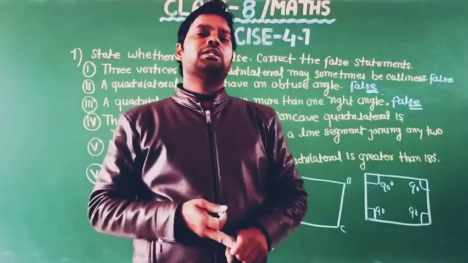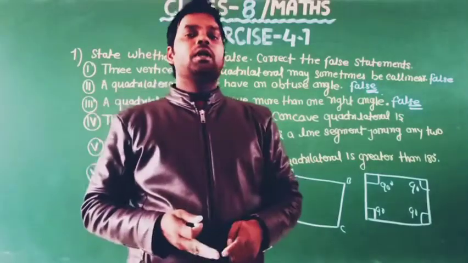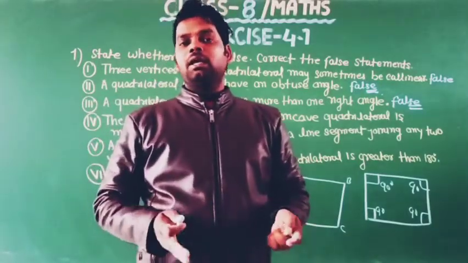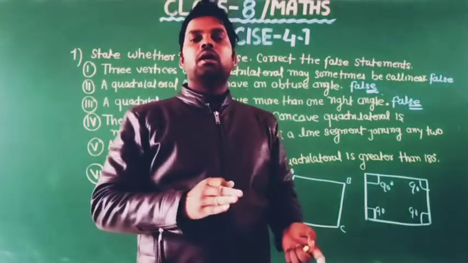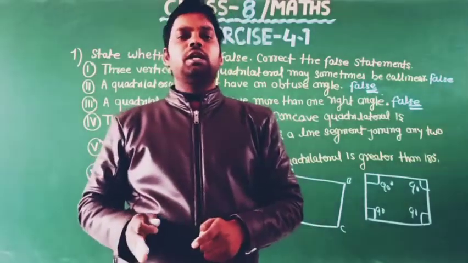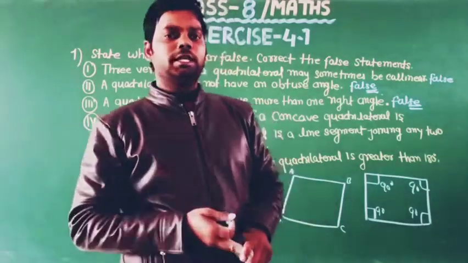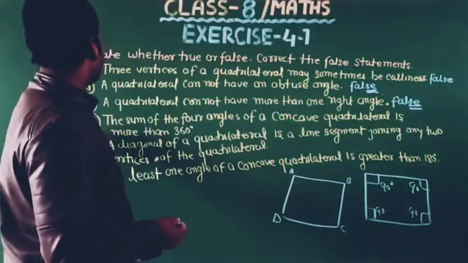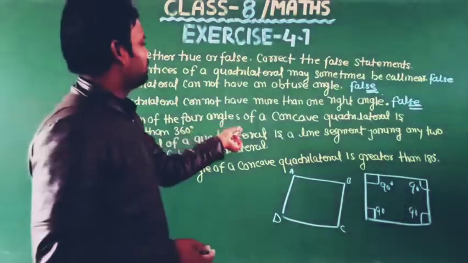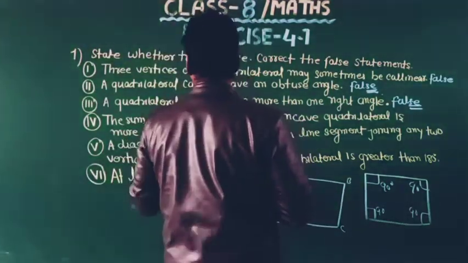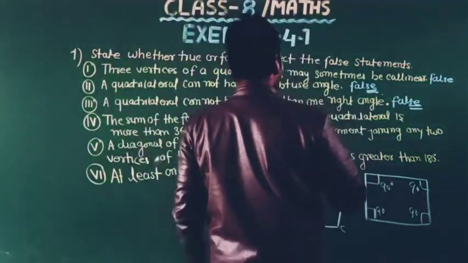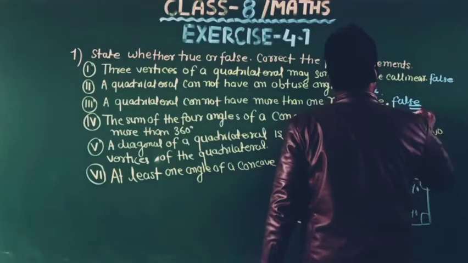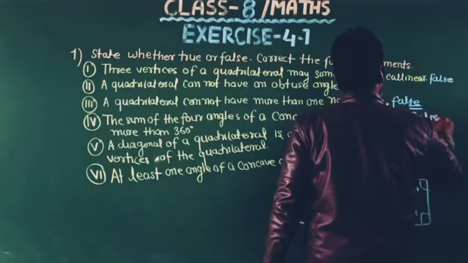We have already explained the sum of interior angles of a concave as well as a convex quadrilateral is equal to 360 degrees. So this is also a false statement.